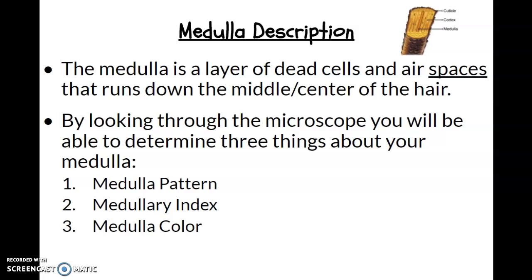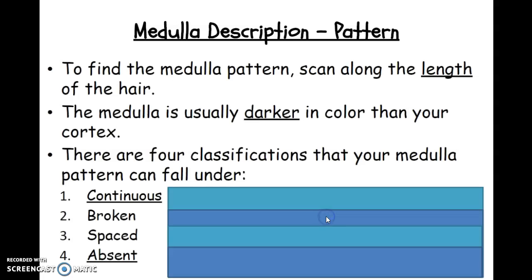By looking through the microscope, you're going to be able to determine 3 things about your medulla: the medulla pattern, the medullary index, and the medulla color. So now we're specifically talking about the piece that runs up the center of your hair. All of these things are found in that section.